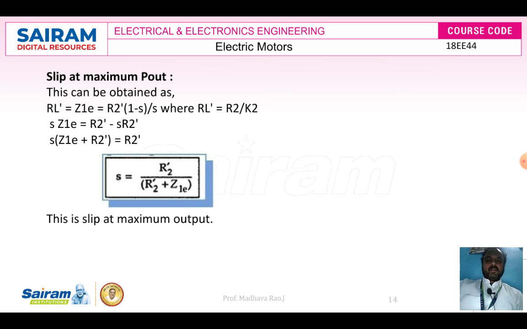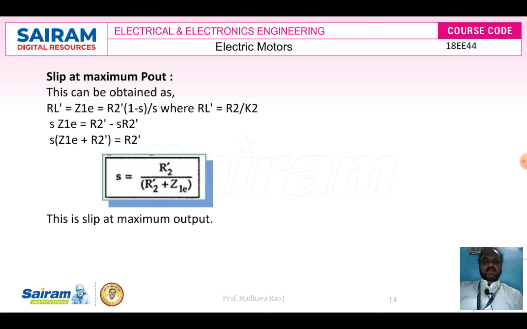Now, the slip at maximum output. What is the slip value? It can be obtained from RL' equal to Z1e. So RL' is equal to Z1e, which is R2' into (1 minus S) by S. So S into Z1e is equal to R2' minus S into R2'.